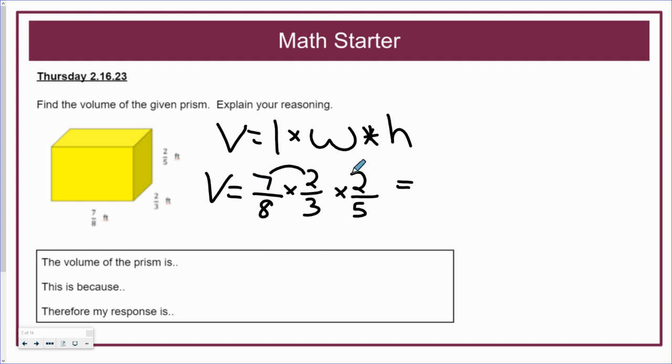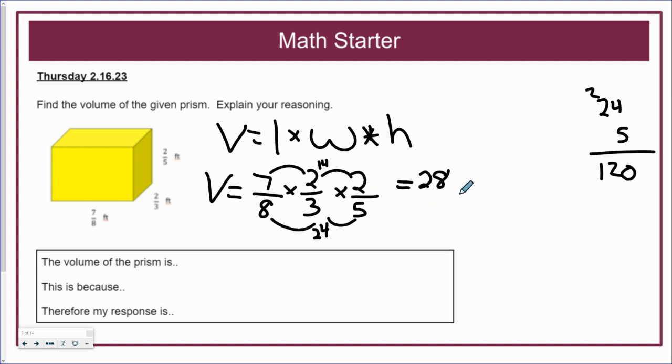7 times 2 is 14, times another 2 is 28. Now let's do the bottom. 8 times 3 is 24. 24 times 5, I don't know that off the top of my head, so I'm going to come over here, is 120. So now we have 28 over 120.